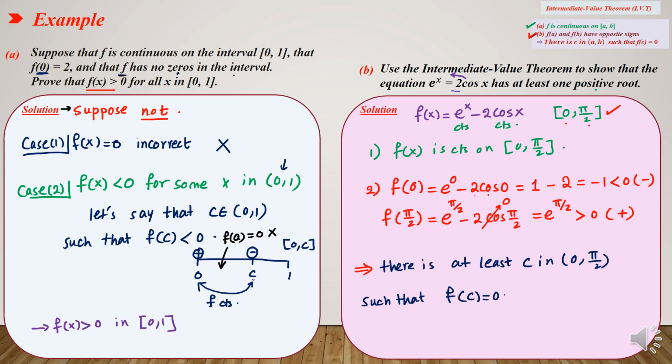But f of c is e to the c minus 2 cosine c equals 0, and by moving 2 cosine c to the right-hand side you will get e to the c equals 2 cosine c. And since c is in this interval, this means the root is positive, and this is the end of this question, and that's it.